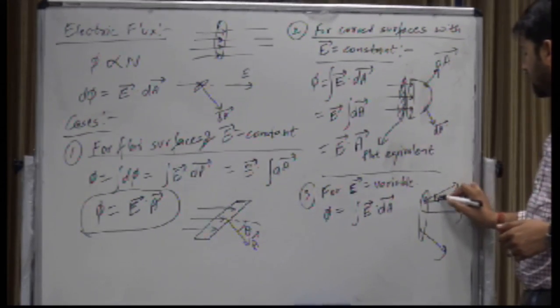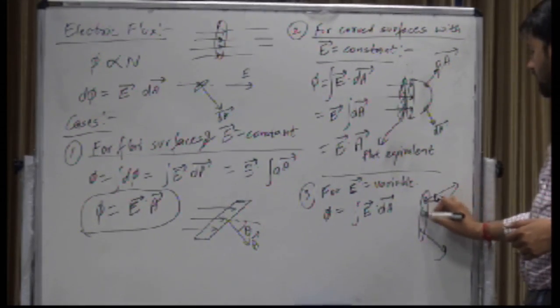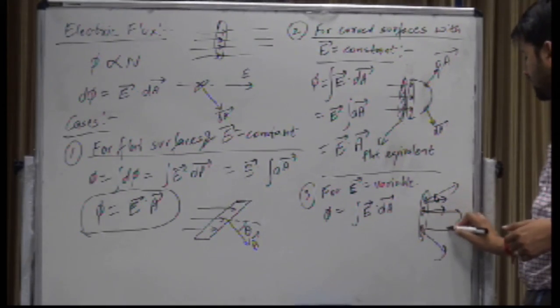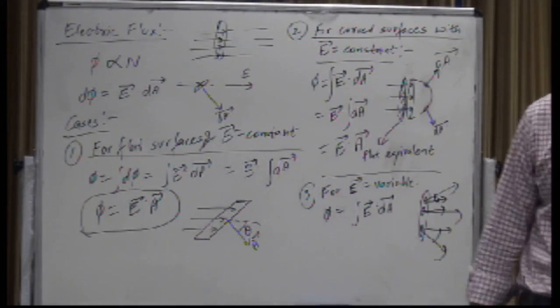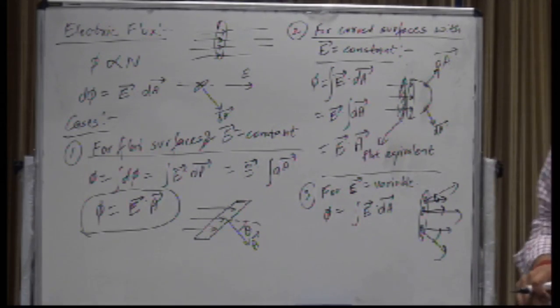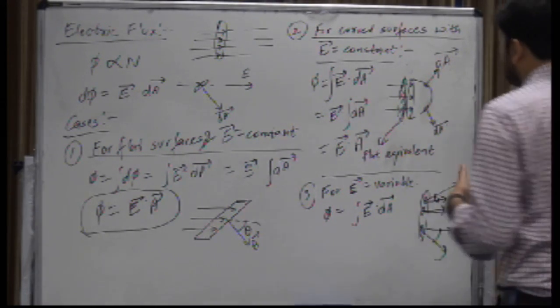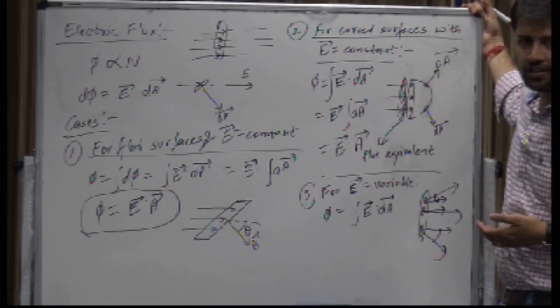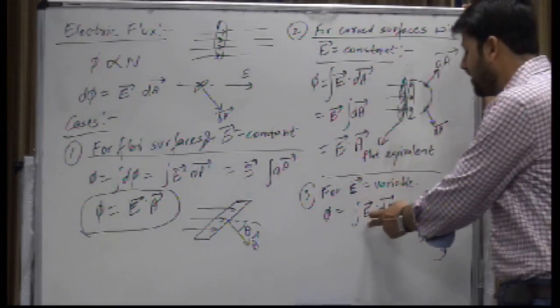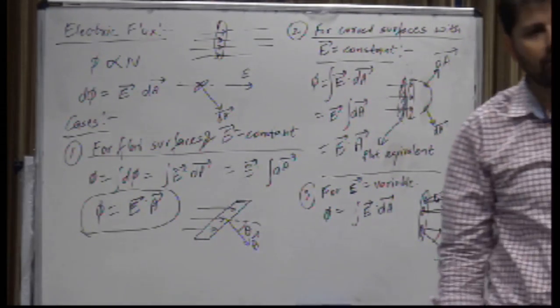Here the angle is 0, here the angle is this. Different portions would make different angles with area vectors. So we cannot separate E and dA.